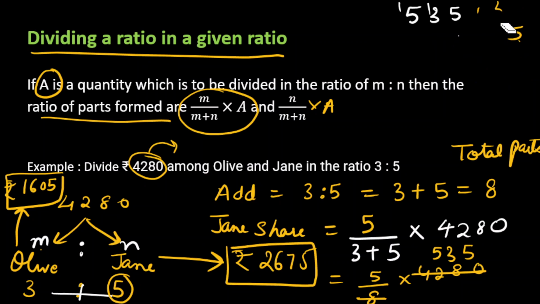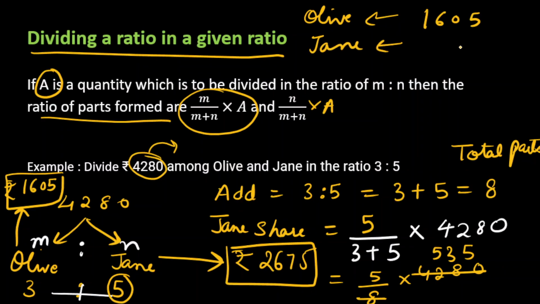At the last, here we have found the shares of Jane and Olive. So you can check also when you are adding this. So 1605, which is Olive's share, and Jane's share we found as 2675. If we are adding these shares, so we can see here we are getting the same quantity, 4280.